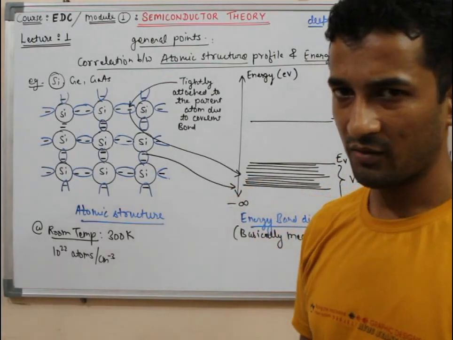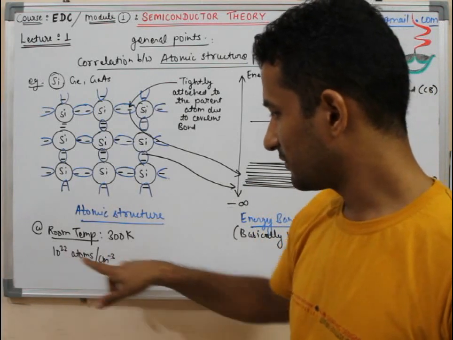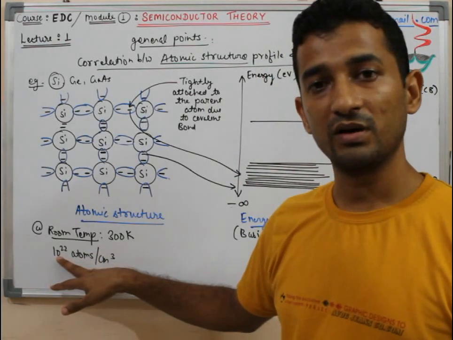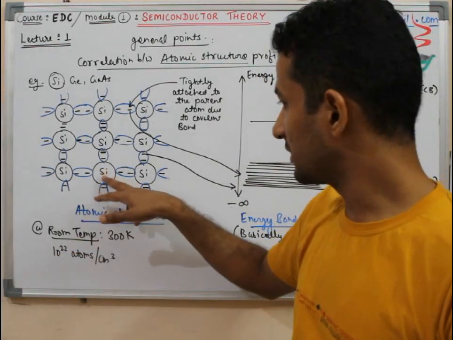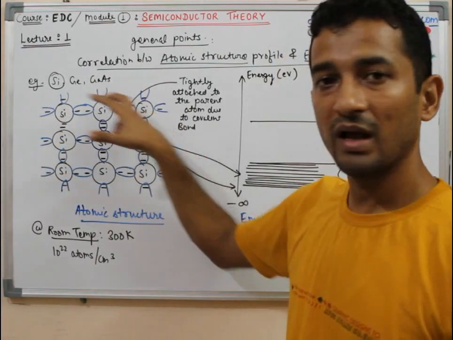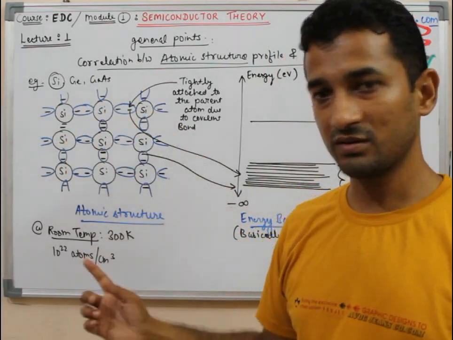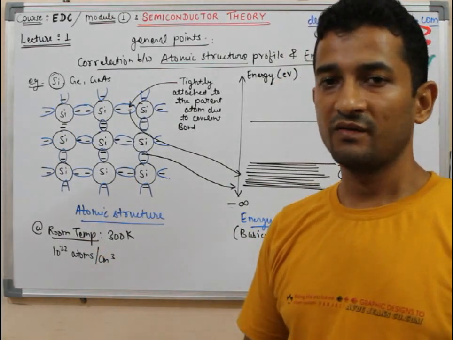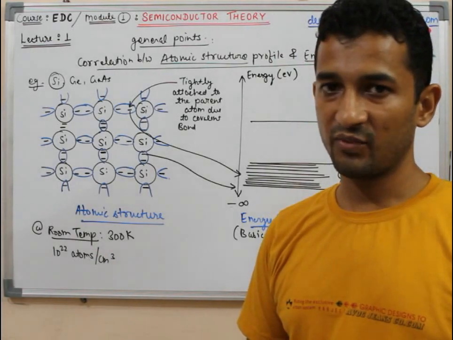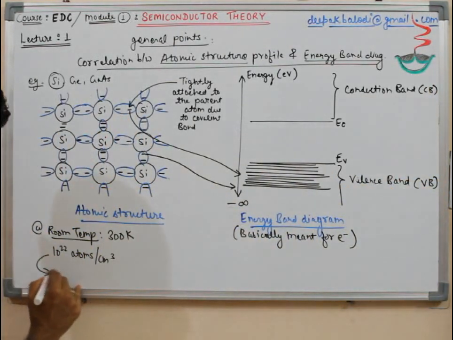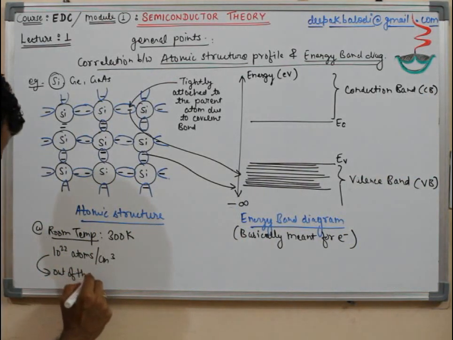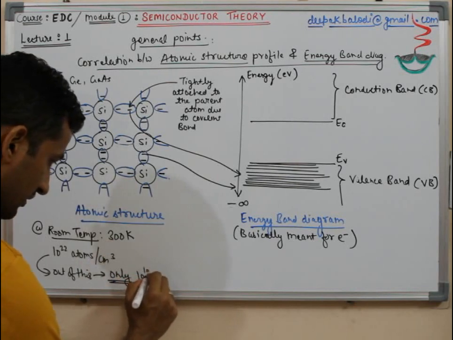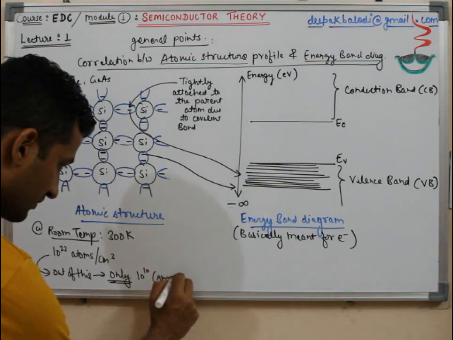It is a very small volume. Within this volume there are 10 to the power 22 atoms. Out of these, at room temperature, only approximately 10 to the power 10 covalent bonds have broken. This is an approximate figure.